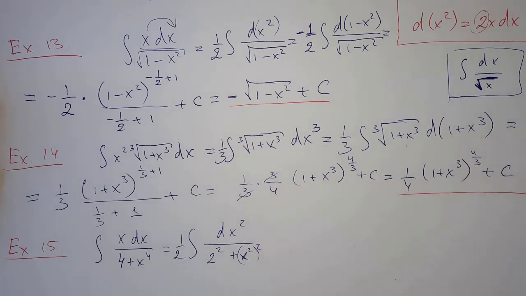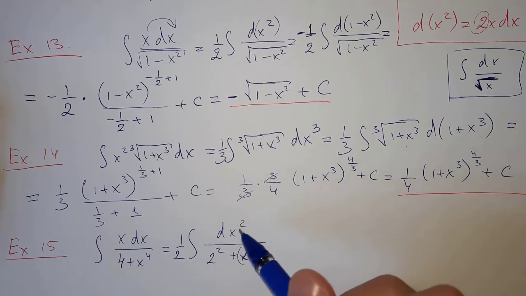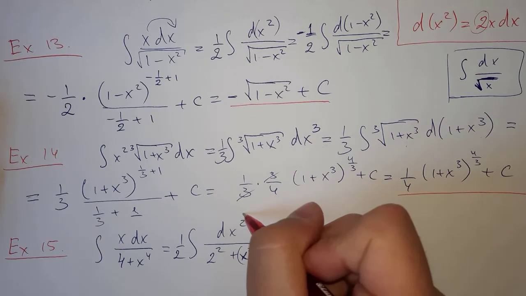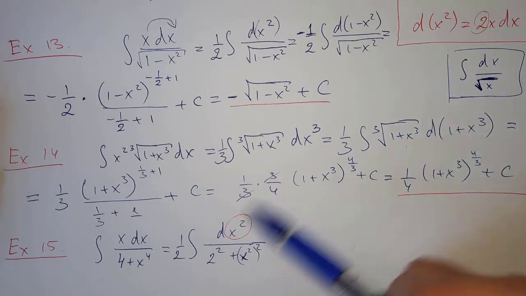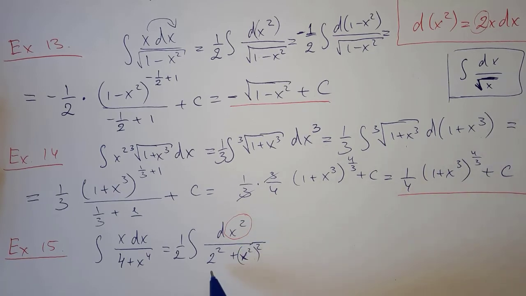And what is it? This is a formula. Look here, now our variable is not x, our variable now is x squared. This one is our variable. And here we have x squared squared. So it is a squared plus x squared, with the formula for arctangent.